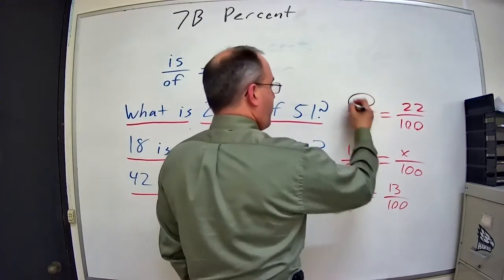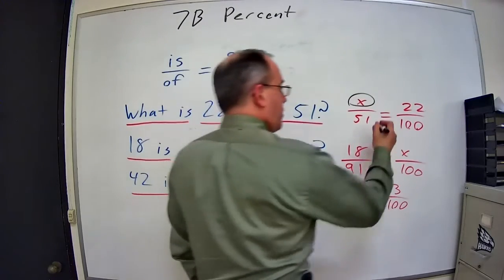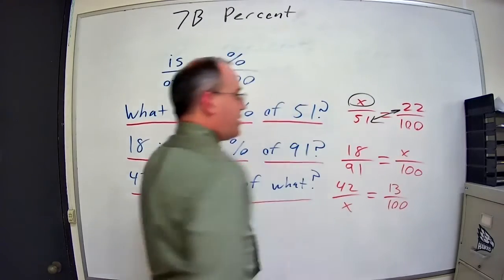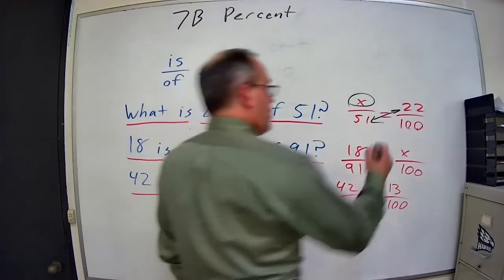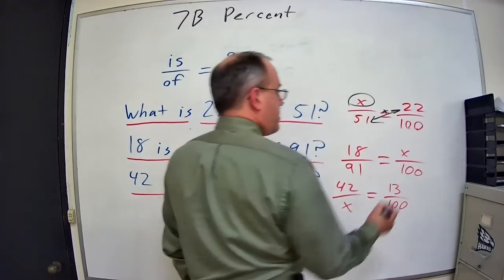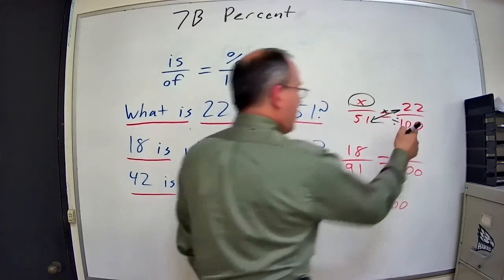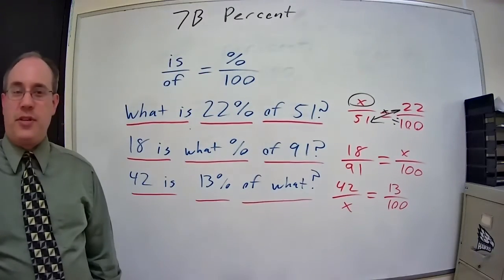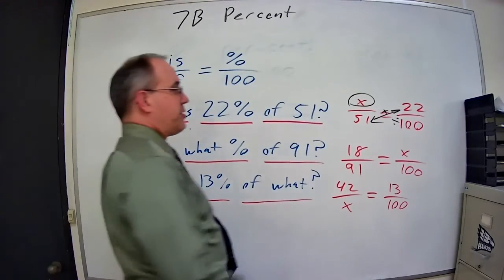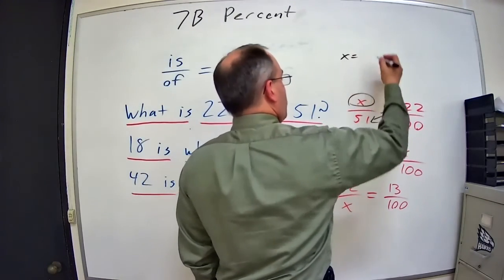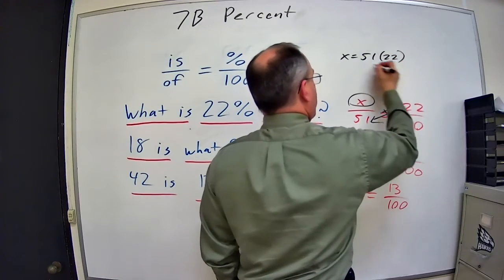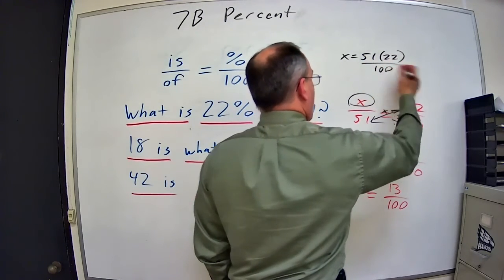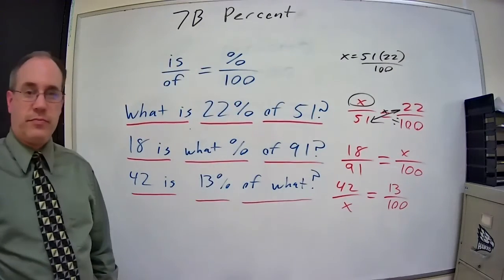If I'm looking for x, you multiply the diagonal, the two that are opposite each other, and then divide by the one that's opposite what you're looking for. So x is equal to 51 times 22 divided by 100.